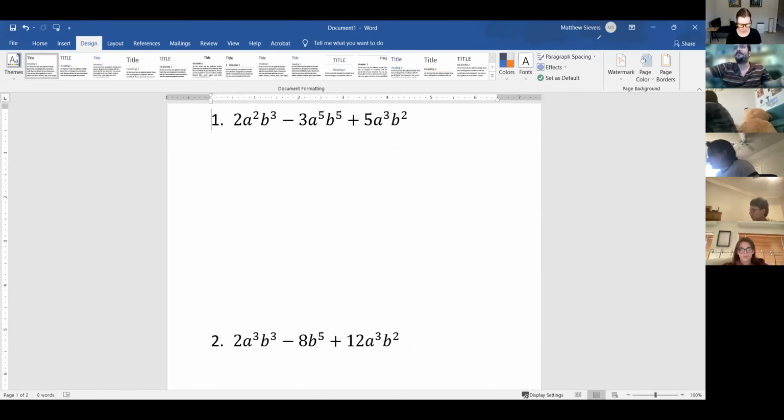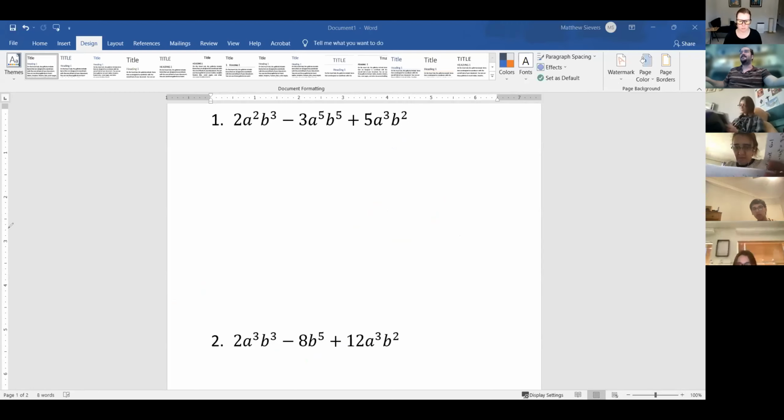So I want to do these 2. Where are we at? So 2a squared b to the third minus 3a to the 5 b to the 5 plus 5a to the third b squared. These are both trinomials, so we are doing GCFs for these 2.